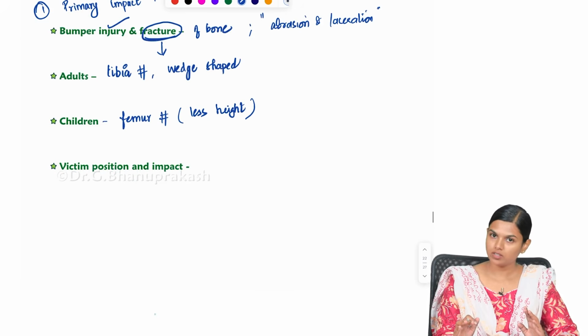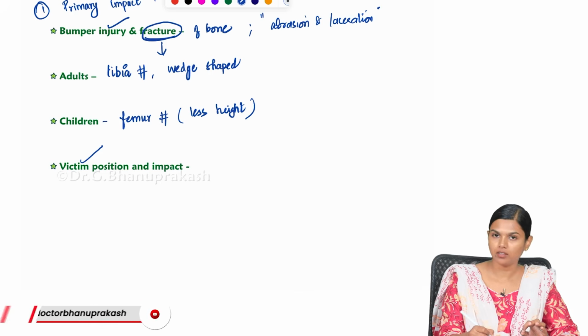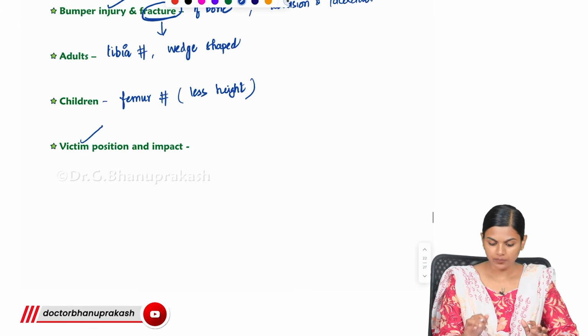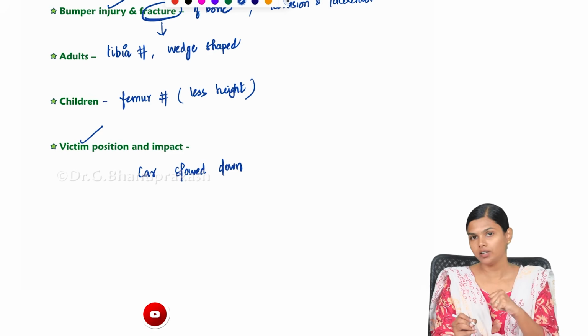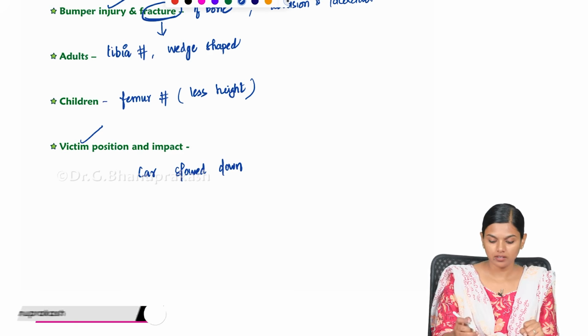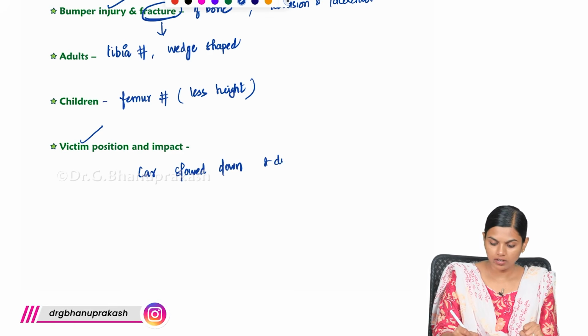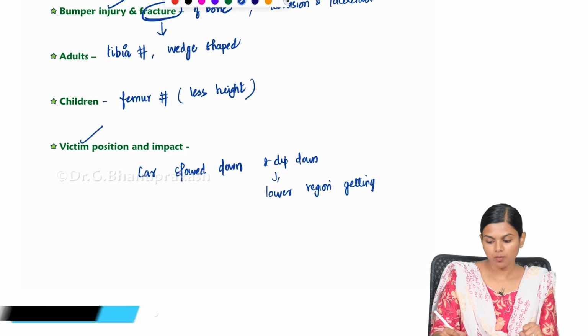Now looking at this injury, we can identify the relative position of the victim and the car. How we can say is that if the car slowed down, like the driver will understand that they are going to hit that pedestrian, so they will push the brake. Because of that brake, the car will slow down and dip down. So it will dip down, and because of that you can see the lower region getting bumper injuries.